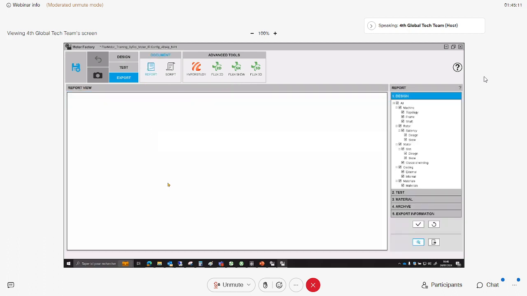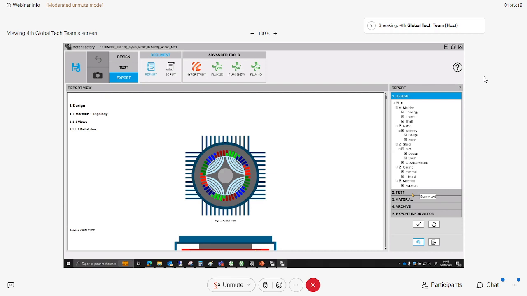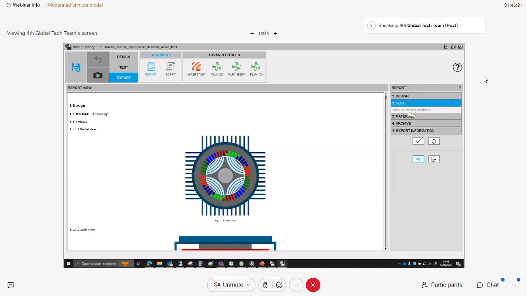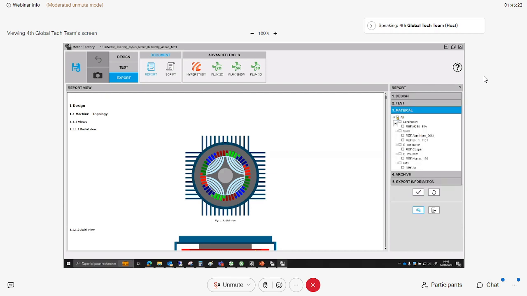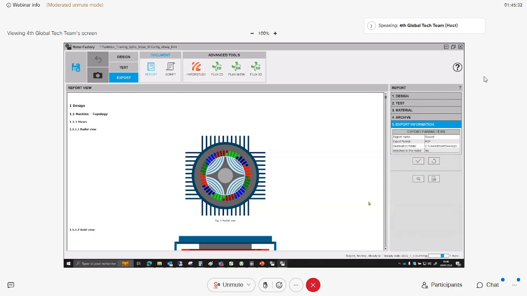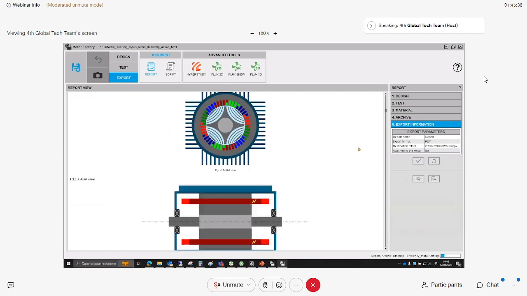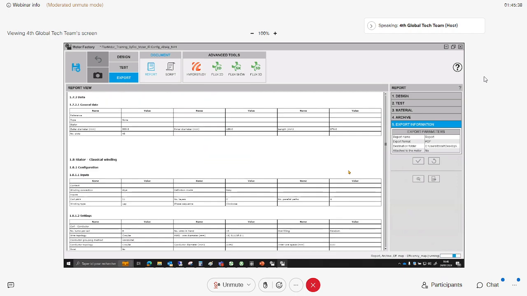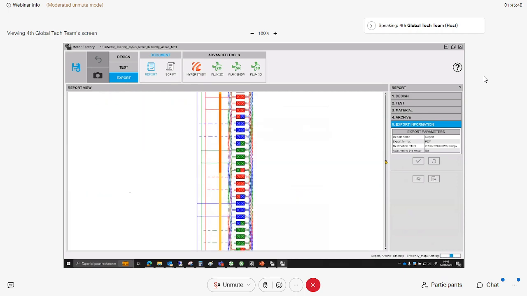Or you want simply to have a report, then you can build your own report where you can add all the design topology, all the tests, the material characteristics. You can add all the tests you saved, and then yeah, you can generate your report in PDF format and export it. So you will have all this information inside actually.